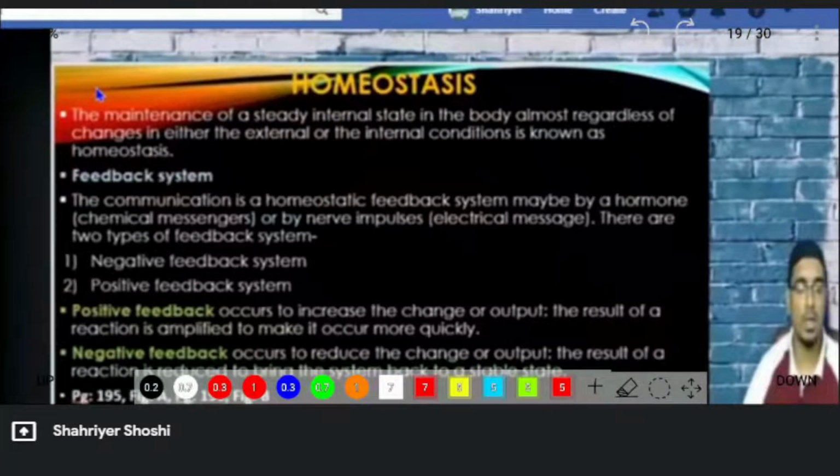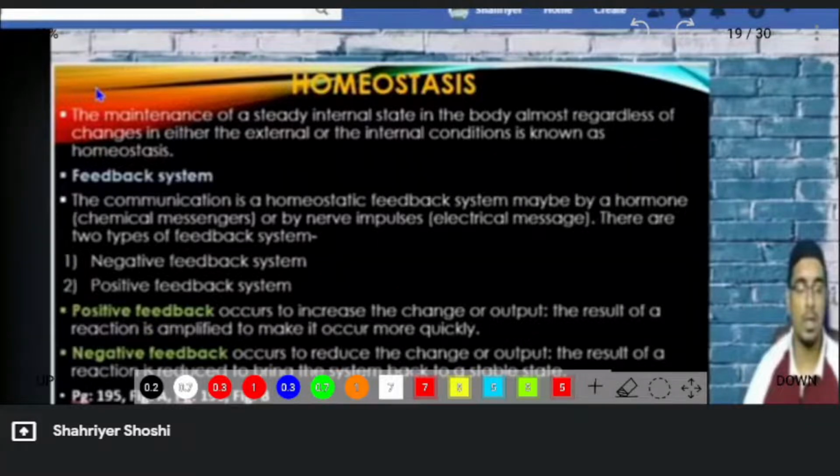Now, one of the most hated topics I have ever faced: homeostasis. The maintenance of a steady internal state in the body, almost regardless of changes in either the external or the internal condition, is known as homeostasis.